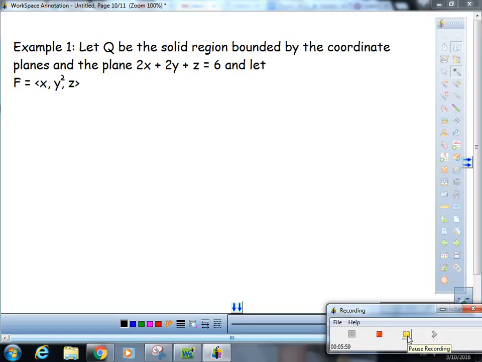Let Q be the solid region bounded by the coordinate planes and this plane. Let's graph that. Hopefully this looks familiar to you. We've done a problem similar to this with the same plane.